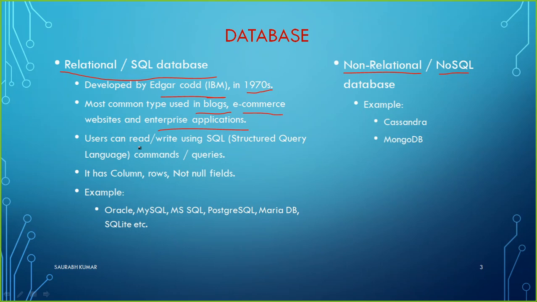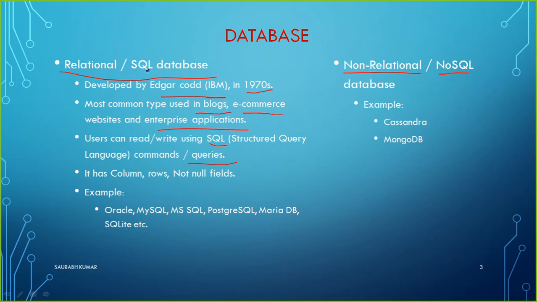Users can read and write using SQL, structured query language, by putting in a query or command to do any activity, like creating a new table, inserting data into the table, or fetching data from the table. All those types of work can be done by putting in a query. That's why it is called a structured query language.